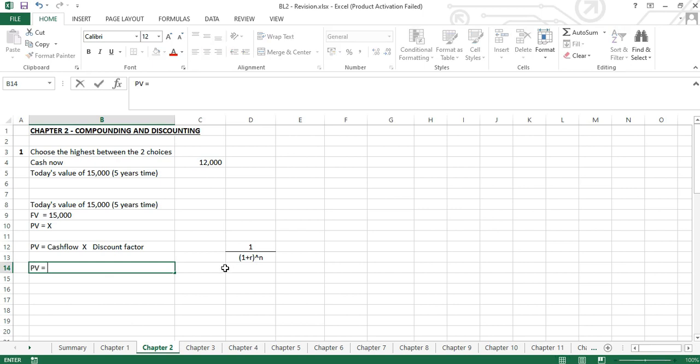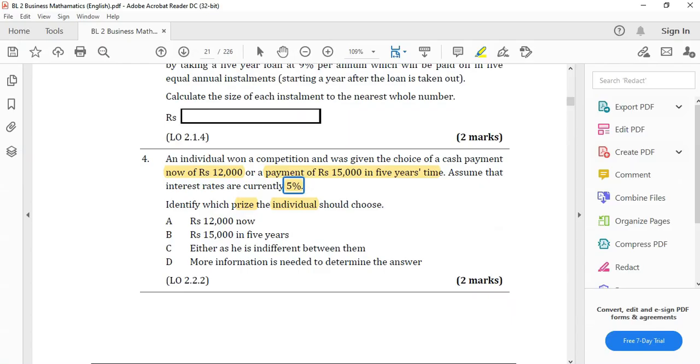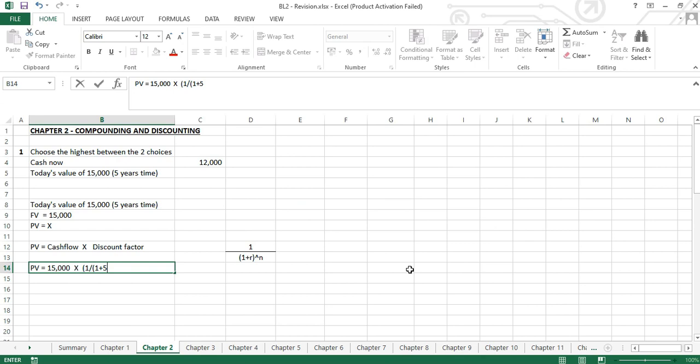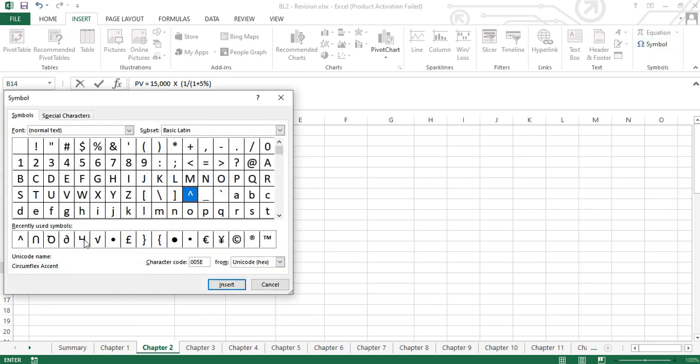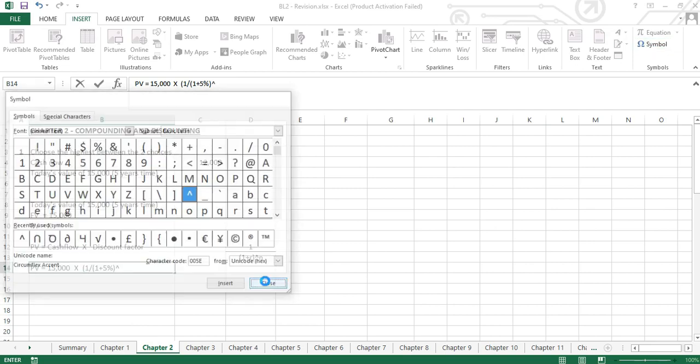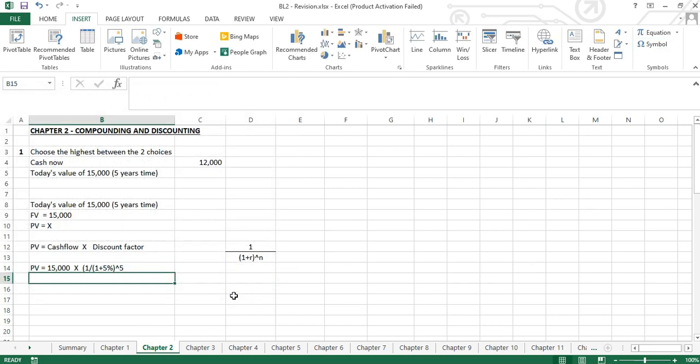Present value equals 15,000, our future value, multiplied by the discount factor, which is 1 divided by 1 plus R, where R is 5% interest, to the power of the number of years, which is 5.